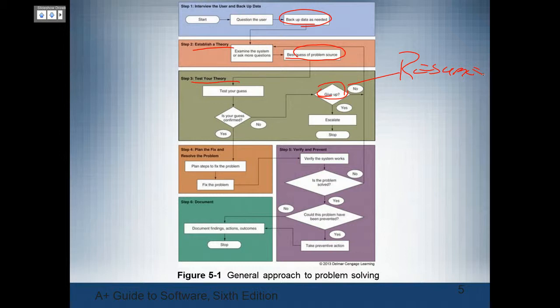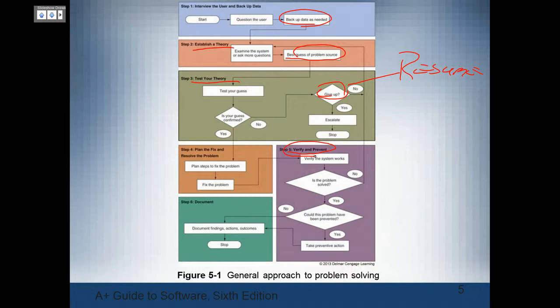So we're going to test the theory, plan the fix, and resolve the problem. That's the one that we like, right? And then after we do that, verify and prevent. Verify is something that I see lots of people not doing. Oh yeah, I fixed it. Did you try it out? You install a policy.